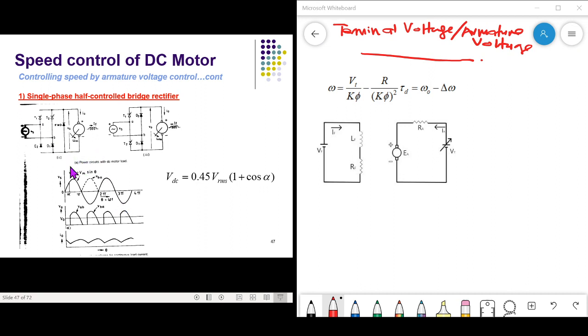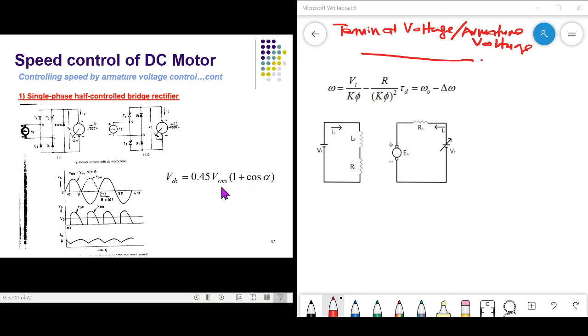This is the waveform, and the important part is this equation. How do we calculate the average output voltage of this rectifier? The average output voltage equals 0.45 V RMS times (1 plus cos alpha).